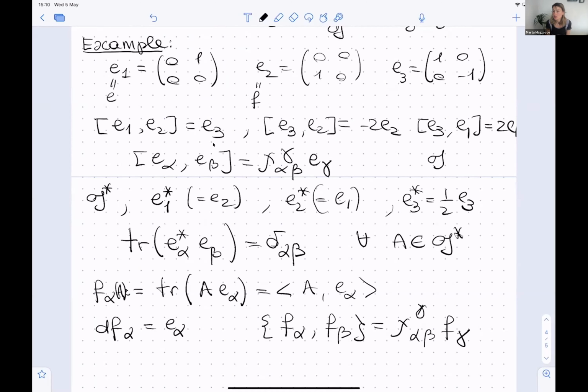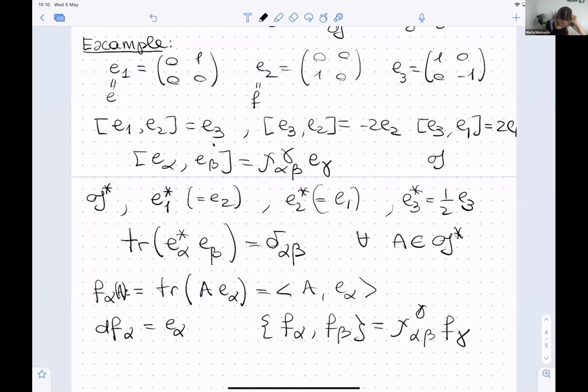Okay, so what we see is that the space of functions on the dual of the Lie algebra admits a Poisson structure, and this Poisson structure is such that the map from SL2 with the standard Lie bracket to the space of functions on G star with this Poisson bracket is an algebra isomorphism.